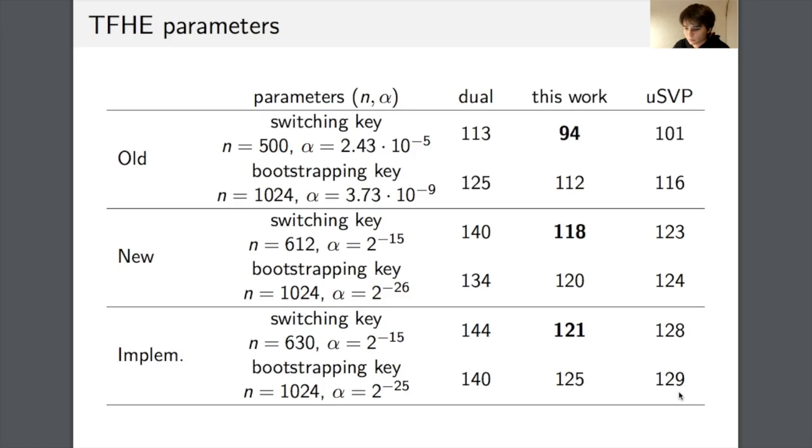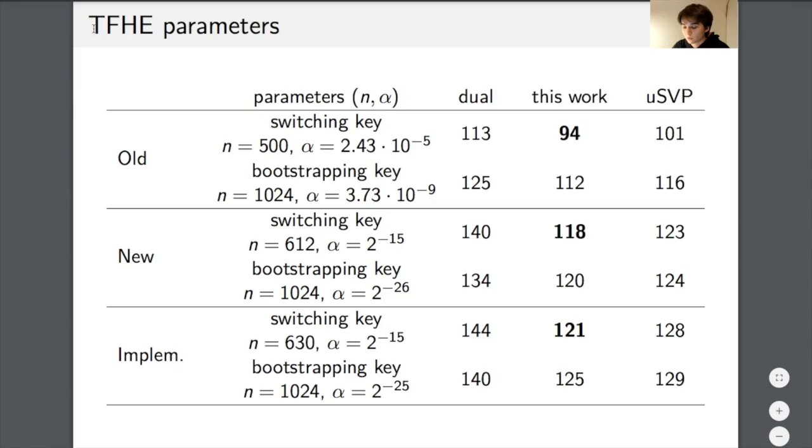After estimating the complexity of the hybrid attack, we can use it to estimate the security of fully homomorphic encryption schemes, for example. So we did it, and for several schemes, we found out that our attack leads to re-estimation of the security level for some of them.